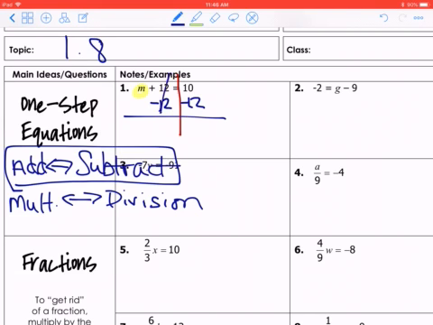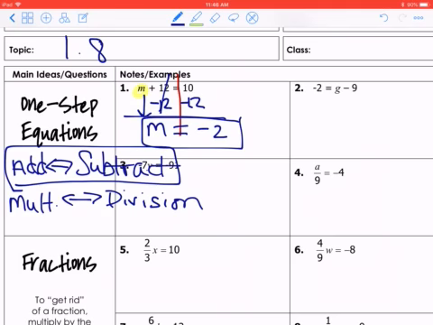Opposites always cancel out. So plus 12 minus 12 cancels out to 0. The only thing that's left on this side would be our m, so you bring that down. The equal sign always stays right in the middle. And now we have 10 minus 12, which is going to give us a negative 2, and that would be our answer. m equals negative 2.